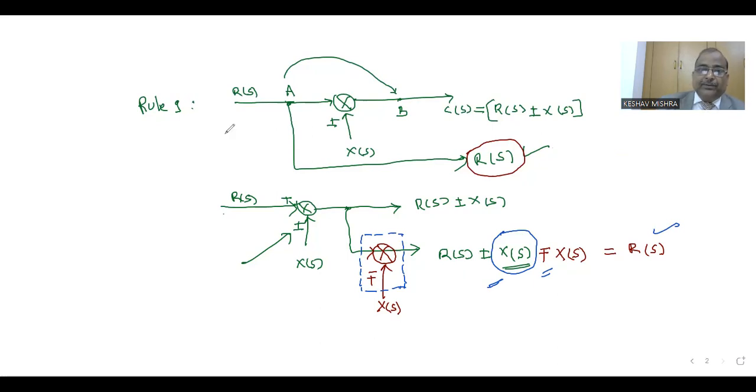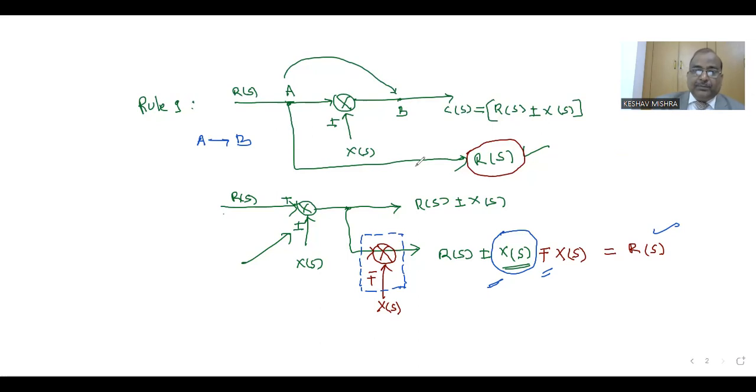So this is the moving of the takeoff point from position A to position B, which will result in adding a new summing point, and the input to this summing point will have the opposite sign.